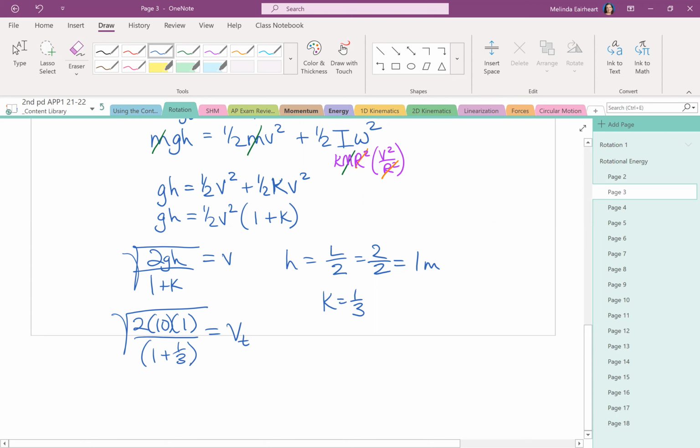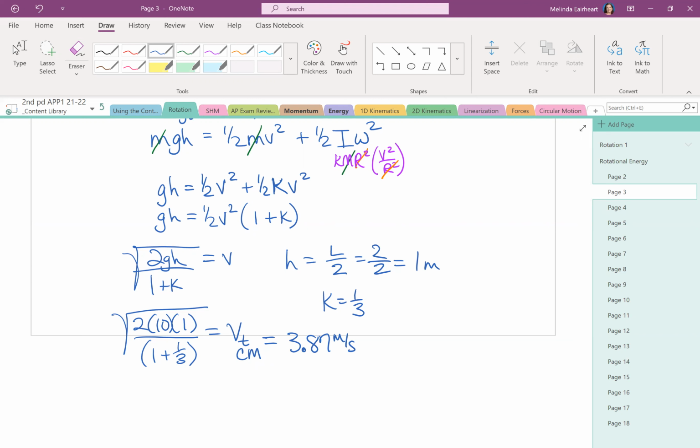And do that before you divide. So someone grab a calculator. And this is for the center of mass location. 3.87. Okay. So this is the tangent linear speed of the center of mass when it's at the vertical.